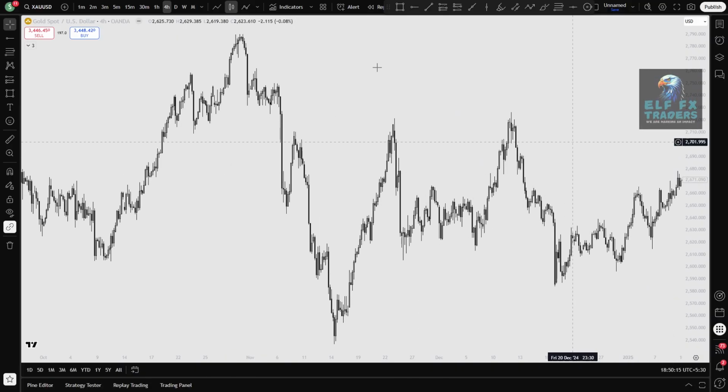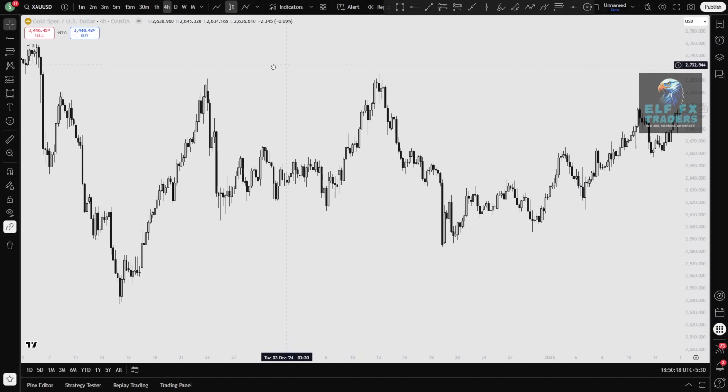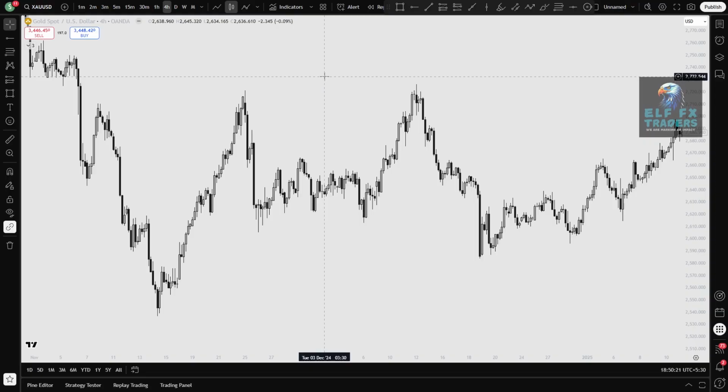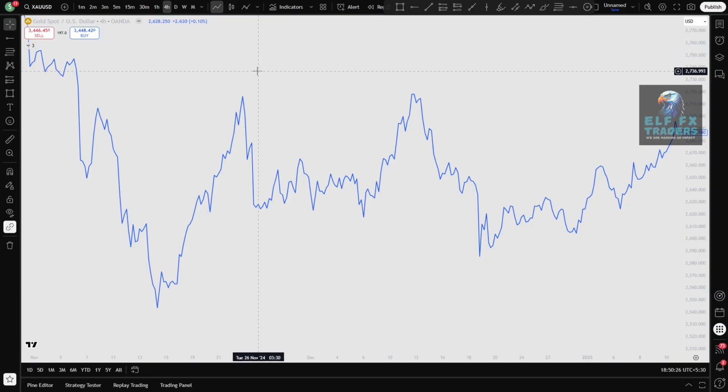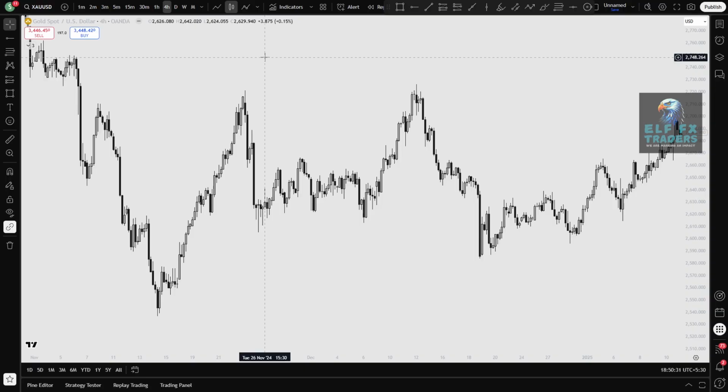The type of chart that you are using matters a lot, because there are certain details that are so clear when you use the line chart, and certain details which are so clear when you use the candlestick chart. So it is very important that you understand both the line chart and the candlestick chart. When you understand both of them, it will be very easy for you to use them.